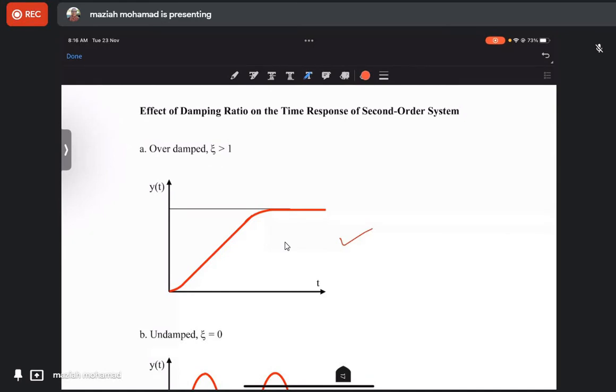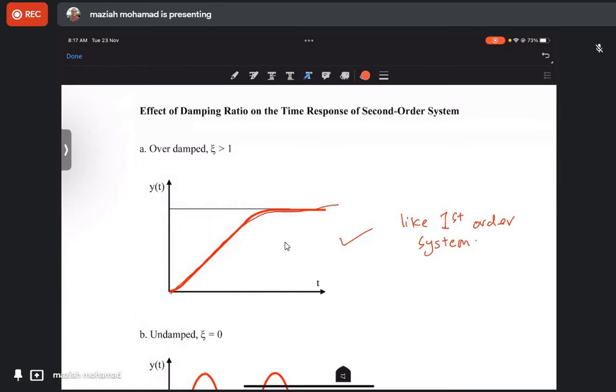You can see it will behave very much like a first order system. So a first order system is something like this. But of course there will be an effect of this kind of behavior on the system.